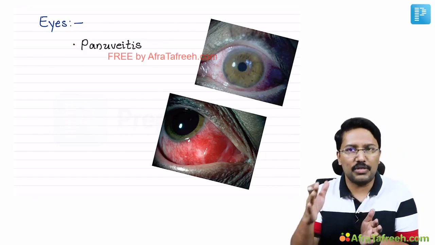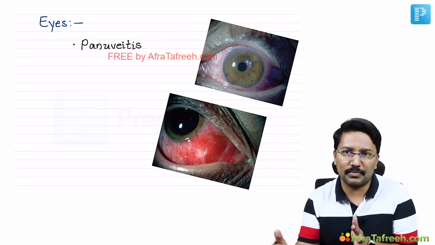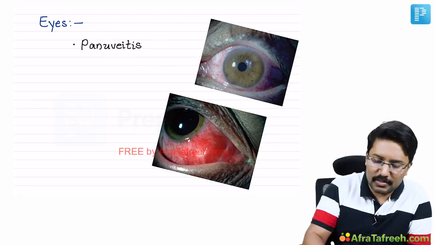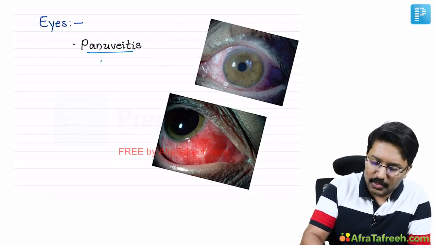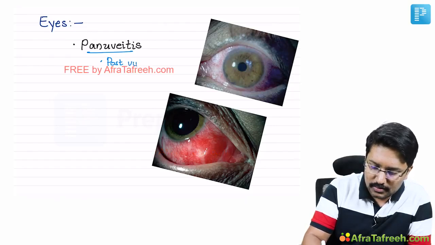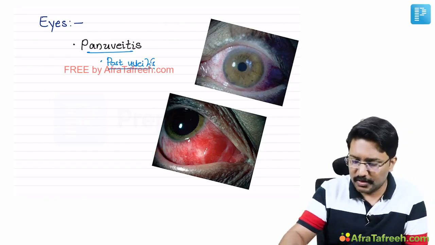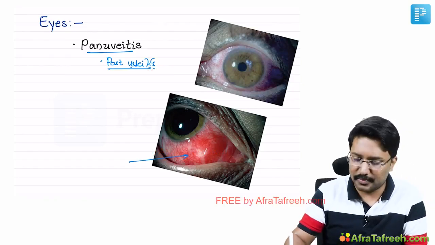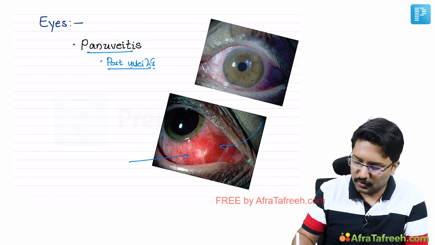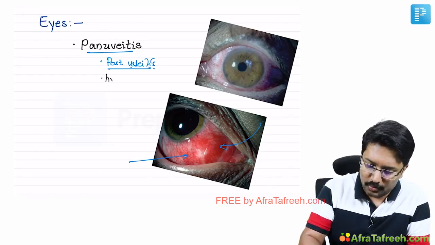In that case, posterior uveitis is more common than anterior uveitis. So the characteristic eye involvement is pan-uveitis, but it need not always be seen as pan-uveitis. It may also be seen as posterior uveitis. We can appreciate in this image that uveitis is present. Some of these patients may also present with hypopyon.